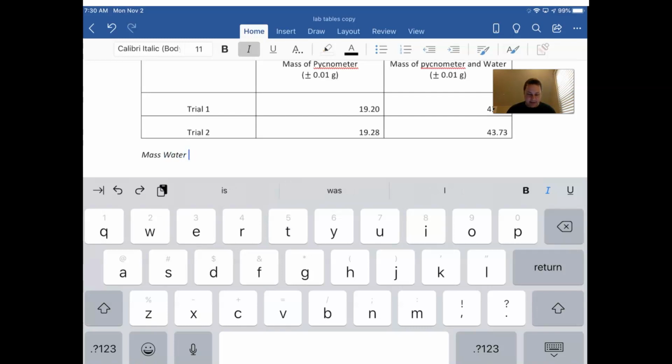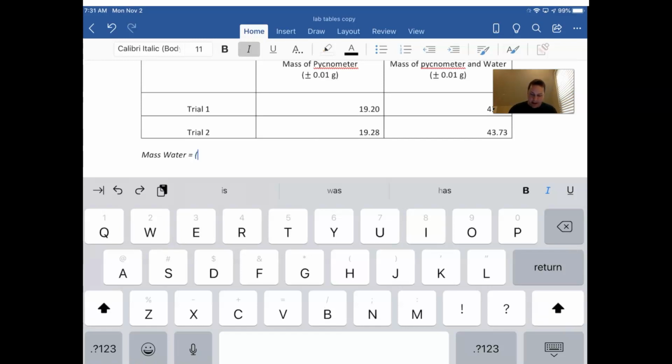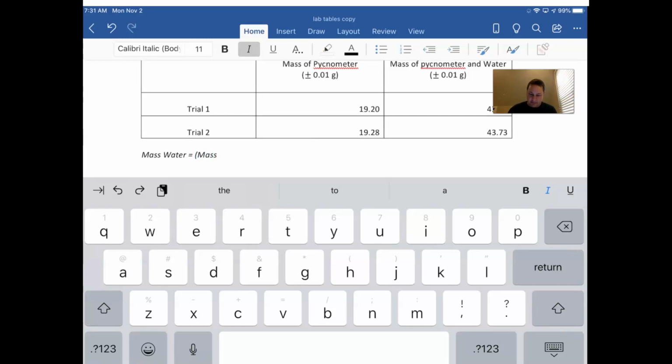Equals, oops, I have it in italics right now, and I'll let you decide whether you want it in italics or not, because sometimes that makes it a little easier to tell the different calculations apart, sometimes not. So mass of water equals, I'm going to put in parentheses here, the mass of the pycnometer plus the water, to show that that's my one number from the top of this table.